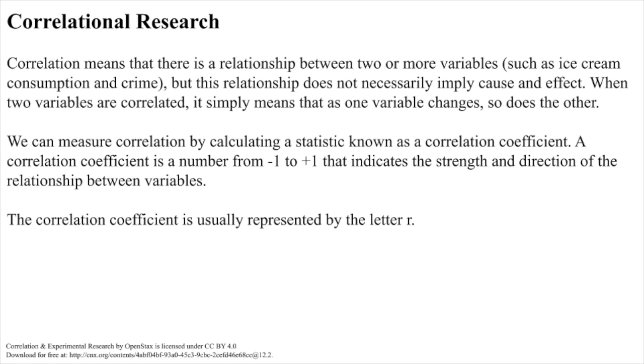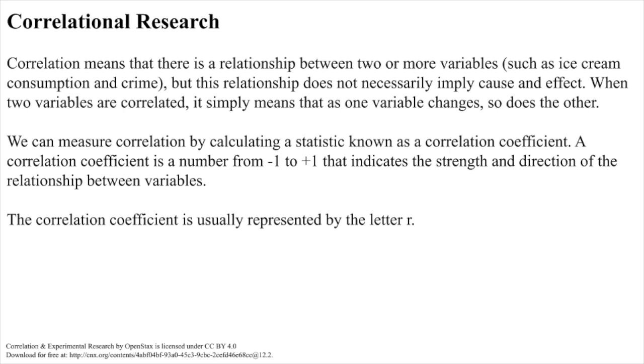Correlational research. Correlation means that there is a relationship between two or more variables, such as ice cream consumption and crime. But this relationship does not necessarily imply cause and effect. When two variables are correlated, it simply means that as one variable changes, so does the other.